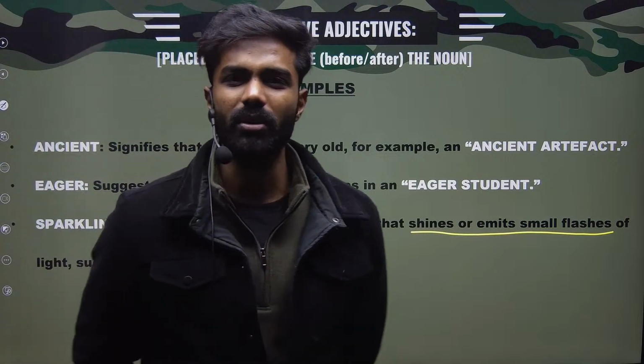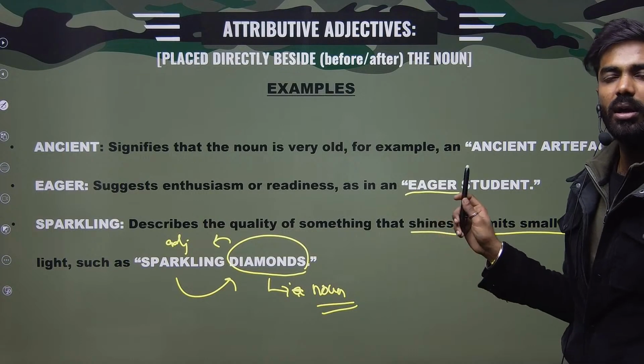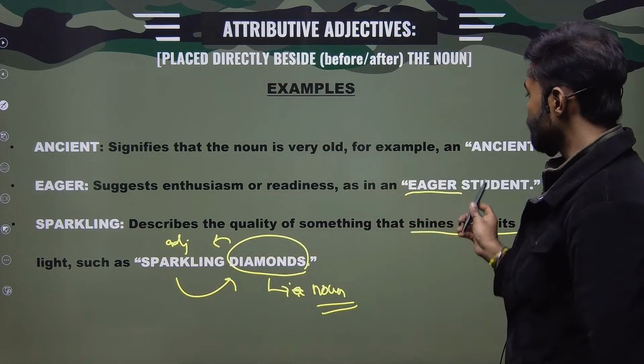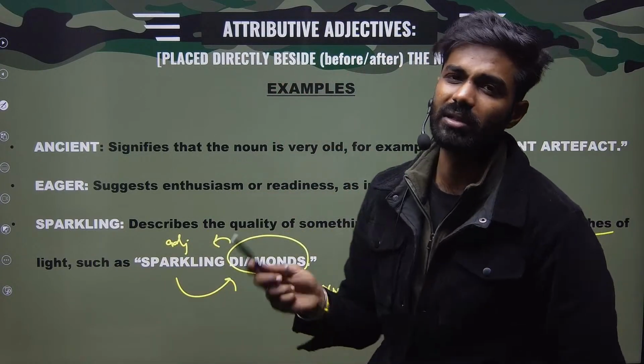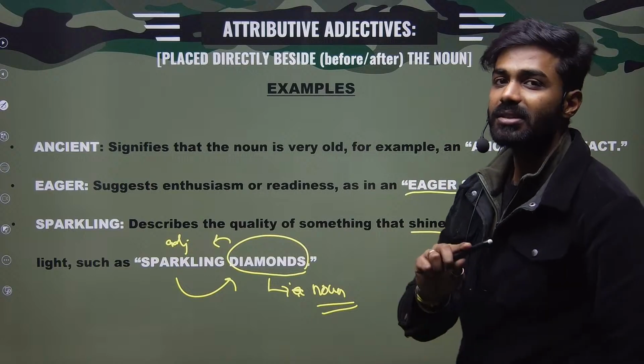Now we will have a doubt. Sir, this is also giving me the quality of the student, how the students are. Quality means it is a descriptive adjective, and attributive means which is placed before. So is it an attributive adjective or a descriptive adjective, sir? An adjective can be both a descriptive adjective and an attributive adjective. This is not the area where you have to focus or think too much.